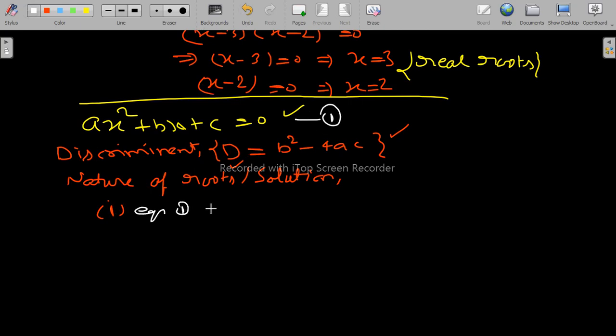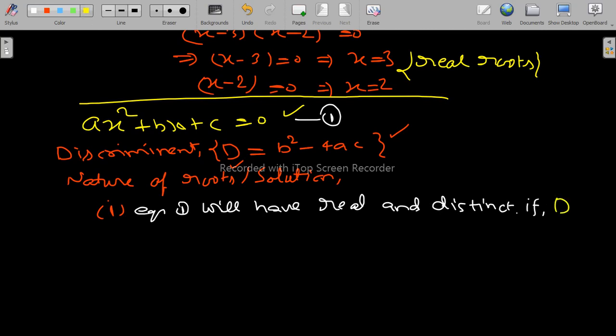So equation 1 will have real and distinct roots. Real means real roots and distinct means different roots. It means the roots are not the same. So the equation will have real and distinct roots if the discriminant D, which is written here, is greater than 0, or we can say the discriminant is positive.